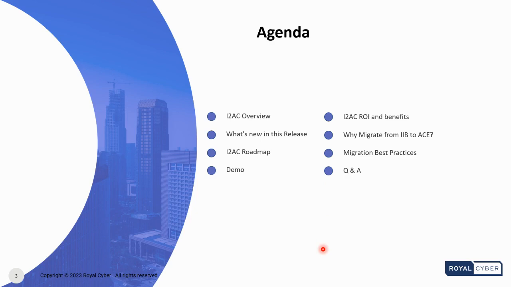Why really migrate from IIB to App Connect? What is the need? What are some industry recommended best practices for migration projects? Then we'll open the floor for Q&A. Before we wrap up, we also have an exclusive offer for those attending today's webinar. I'll discuss that before we close, so stay tuned till the end.